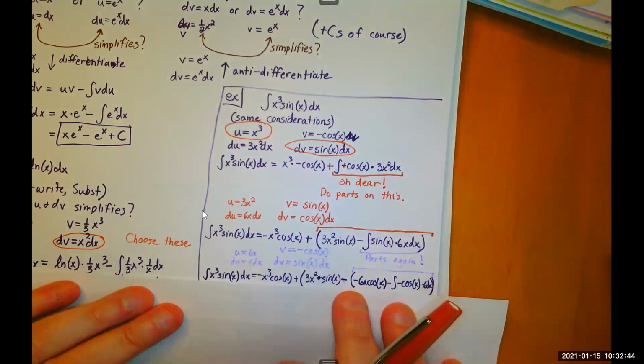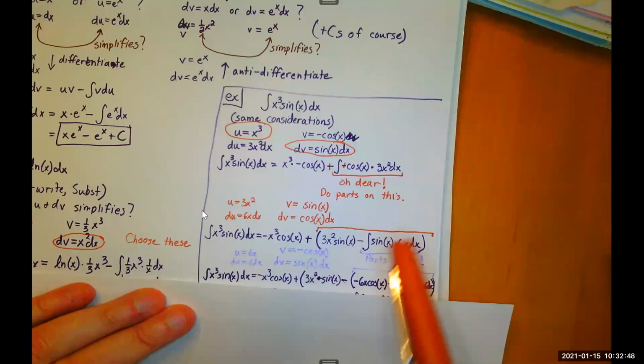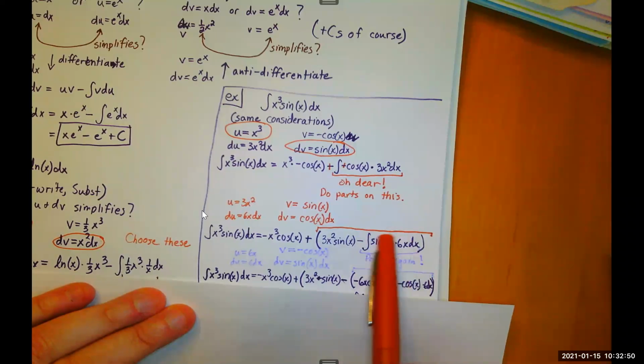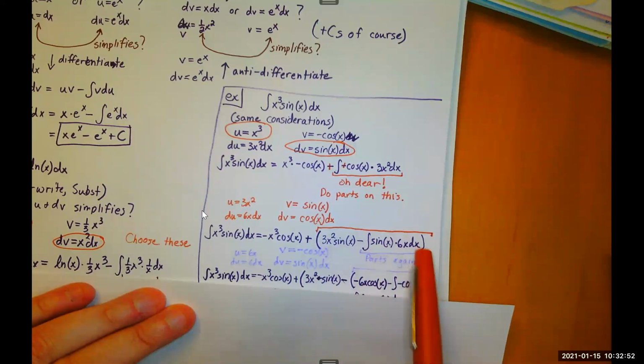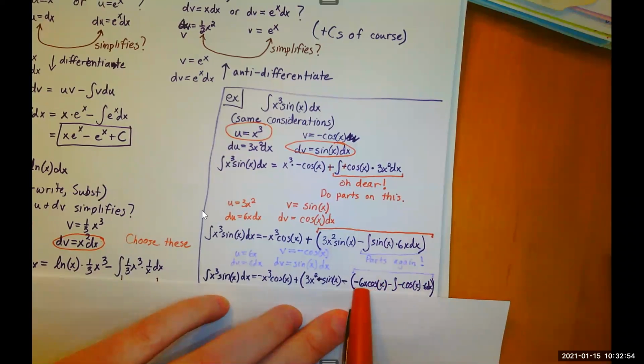Substituting again, it's just getting messier and messier to work with, but I've replaced only sine of x times 6x dx. So that's now uv, negative 6x cosine of x, because cosine is negative, minus the antiderivative of negative cosine of x times 6 dx.